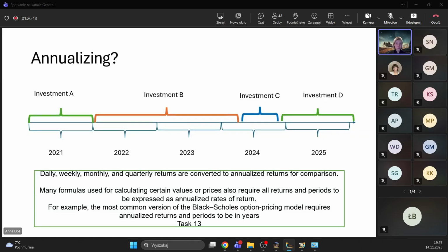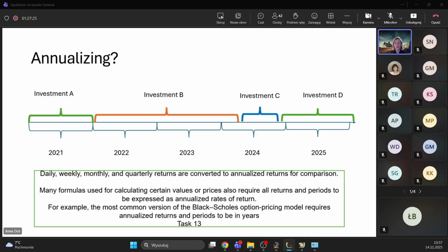Then, annualizing is also very important because sometimes we hold the investment for the whole year, sometimes for 2.5 years, sometimes for 3 months or 3 weeks. And annualization is very important to get the average annual rate of return because it is very often used for comparisons across asset classes. Moreover, more complex models like the Black-Scholes option pricing model require annualized returns and periods.